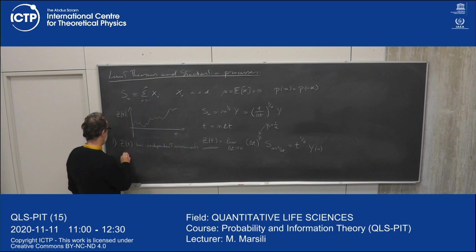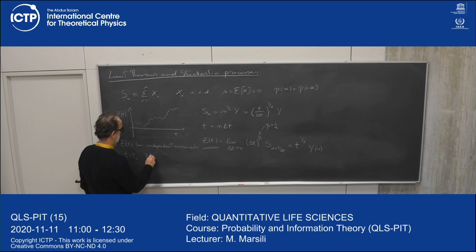In the sense that if you take two times t0 and t, then z of t minus z of t0, this increment here is independent of this increment here.